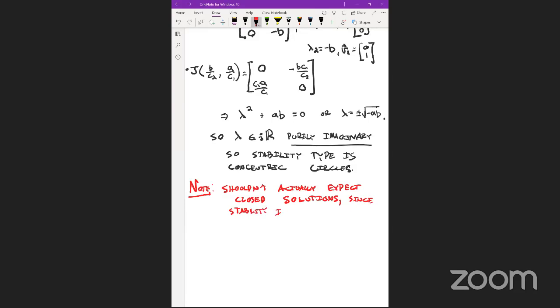Stability is approximate, and orbits actually closing up is exact. So in this case, though, there's something kind of nice you can do. In this case, there's a trick.